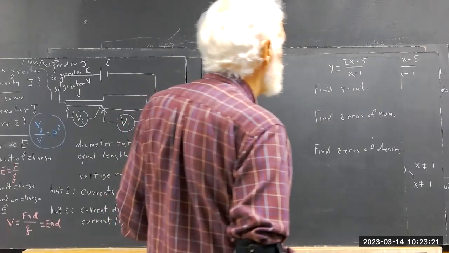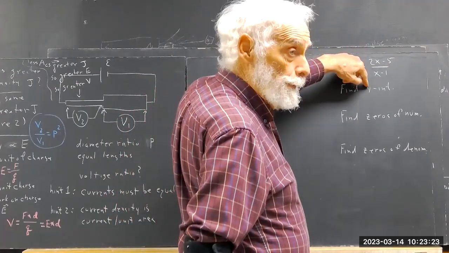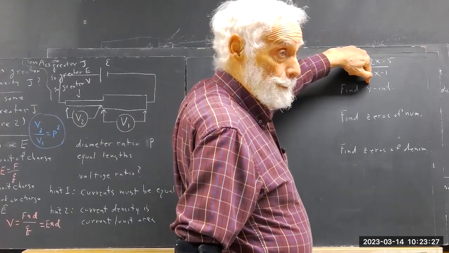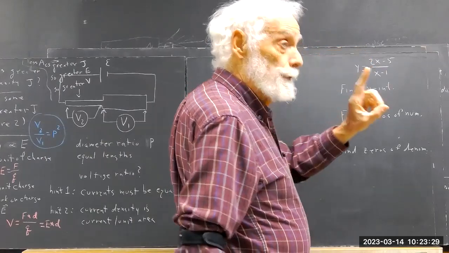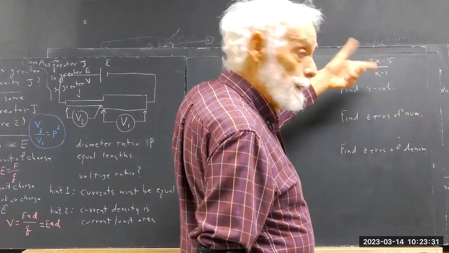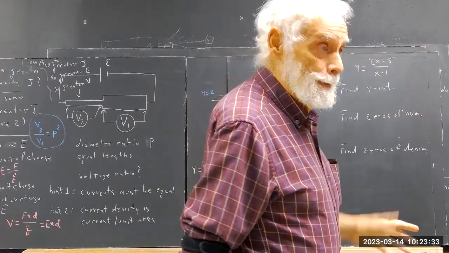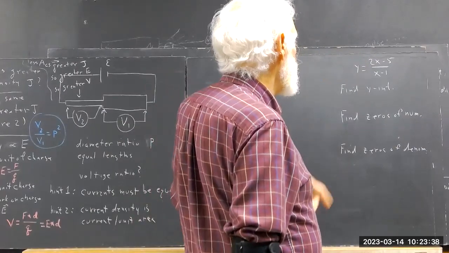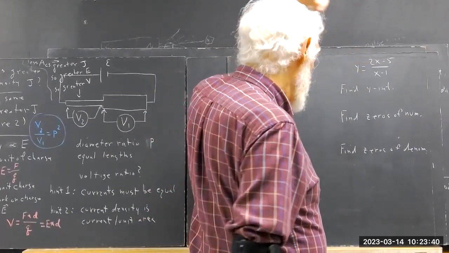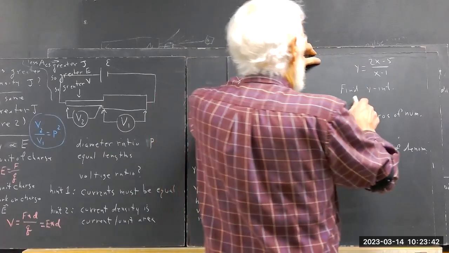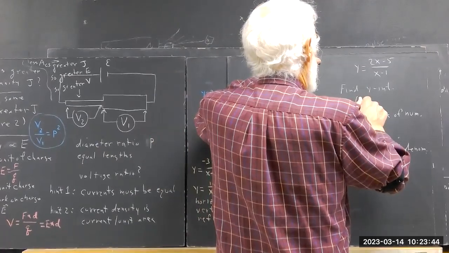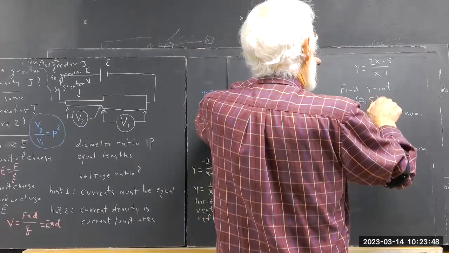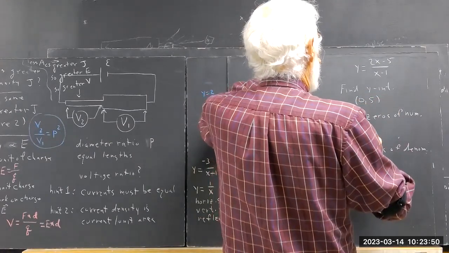When we have a function like this, it is a polynomial divided by a polynomial. Polynomial degree 1, it's just a linear function divided by a linear function. It's about the simplest example we can get. We find the y-intercept, and we get (0, 5).